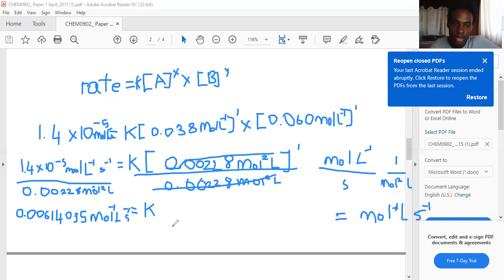I'm just going to write this out better because I don't think you can fully see the answer for the equation. So, 3.5 moles.